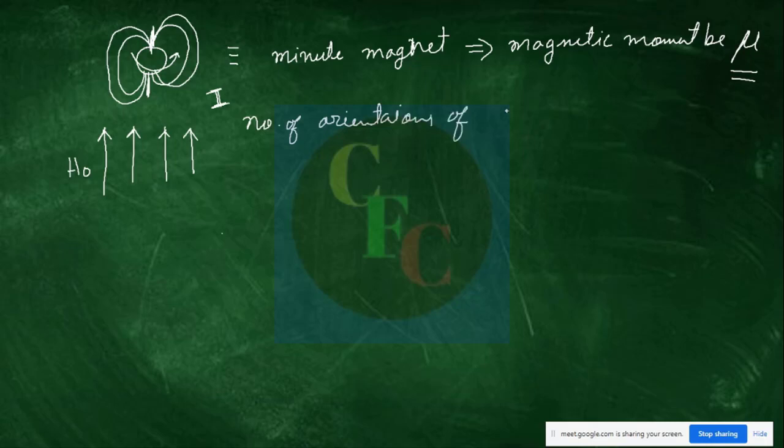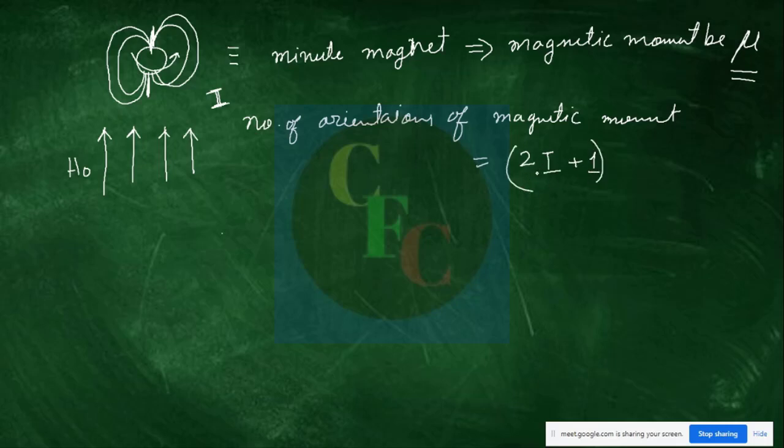of this magnetic dipole, magnetic moment, equals 2I plus 1, right?